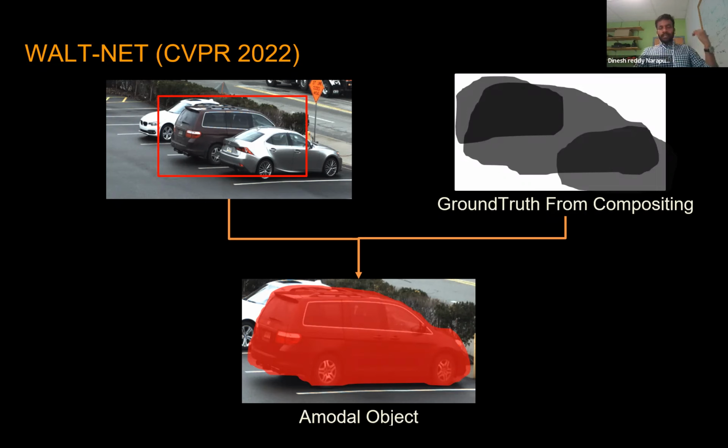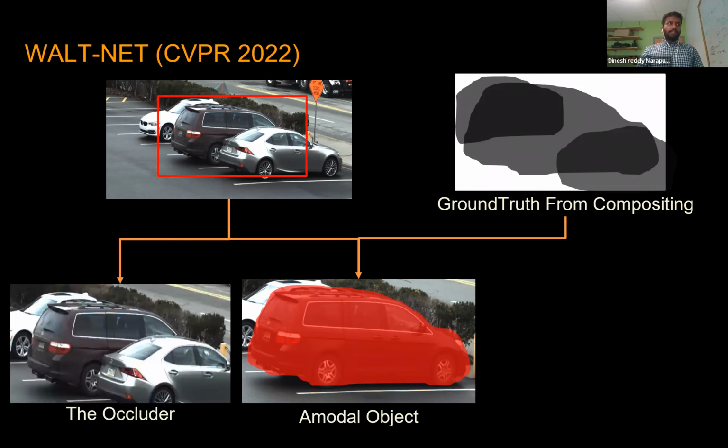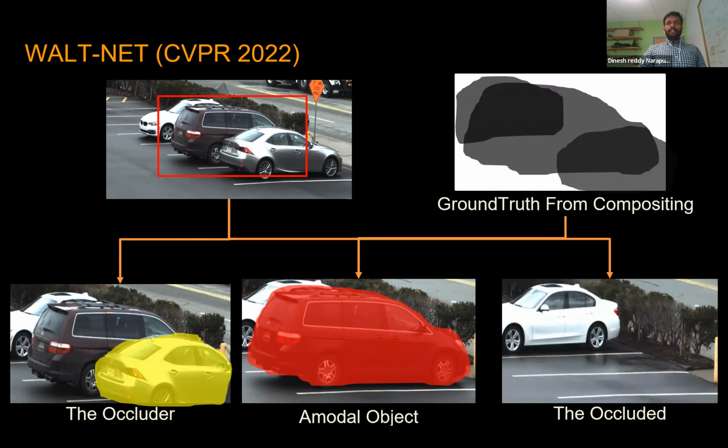We used the earlier ground truth which I showed, and we are getting the full object segmentation. Similarly, we get the segmentation of the occluder and then the occluded, which is the object behind it. So this way we are learning not just the visible region segmentations, we are learning what is behind, what is in front, and the whole complete scene just from whatever is visible.